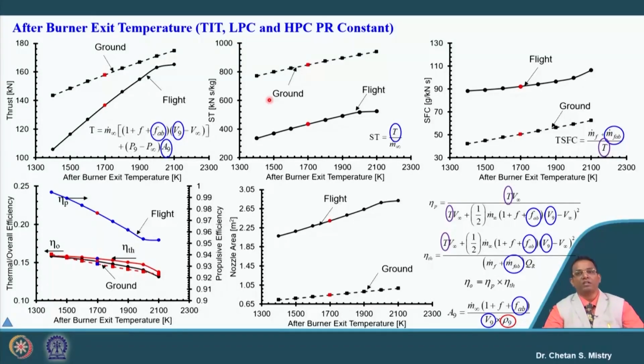Okay. And this is representing our nozzle area, and it says for the flight condition the area requirement is higher. So, we have done our calculation. So, this is all that is related to the selection of these cycle parameters.